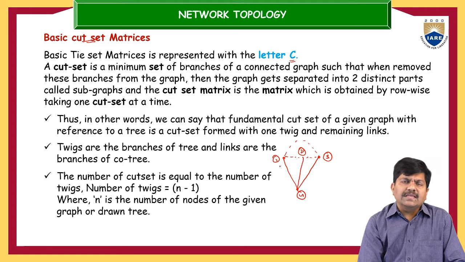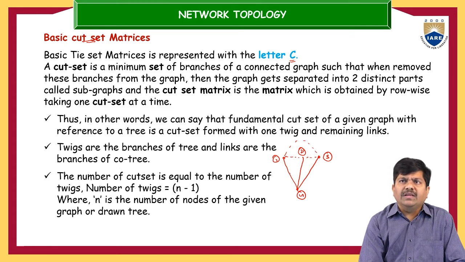Now, I am just repeating once again. Please be attentive. I am going to cut this total graph into two parts across any node. So now you remove this node 1 by cutting one of the twigs, one of the branches; that must be a twig here. How many twigs are there?